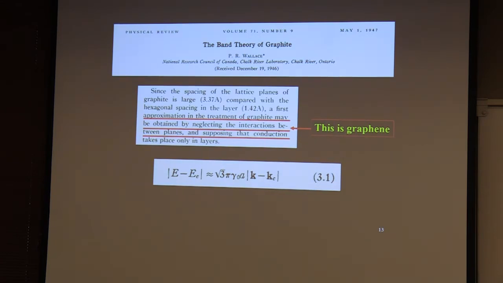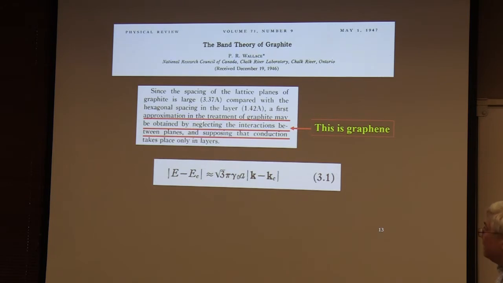But when you look at the paper, he says, since the spacing of the lattice planes of graphite is large, 3.37, in fact it's 3.35, compared with the hexagonal spacing in the layers, 1.42 angstrom, which is the distance between carbon atoms in the layer.